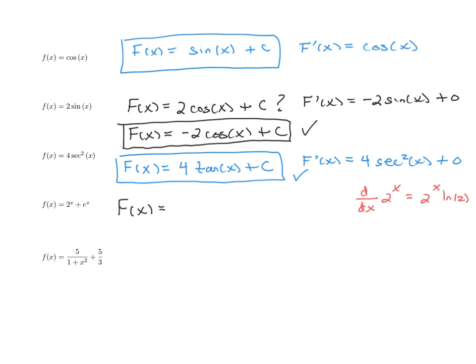So when figuring out the antiderivative of 2 to the x, it's going to be 2 to the x divided by the natural log of 2. The reason is when you take the derivative of this thing, you'll multiply by a natural log of 2, and it will cancel with the one in the denominator. If we move on to the e to the x part, that is also e to the x, and we'll add on an arbitrary constant.